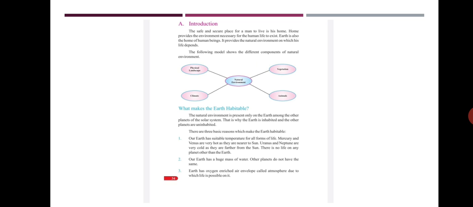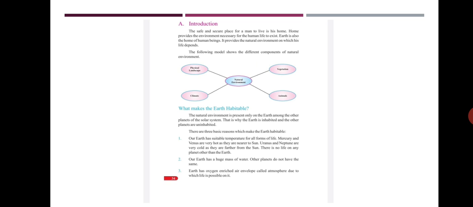The first one is the temperature of the Earth, which is very suitable for all forms of life, and it is because the distance of the Earth from the Sun is suitable. Other planets like Mercury and Venus are very hot because they are nearer to the Sun.